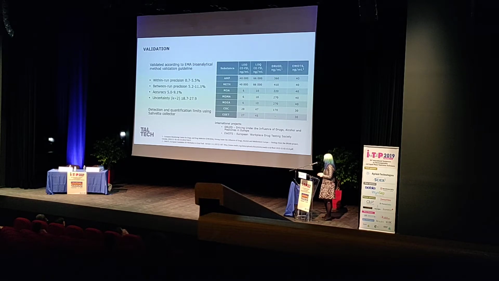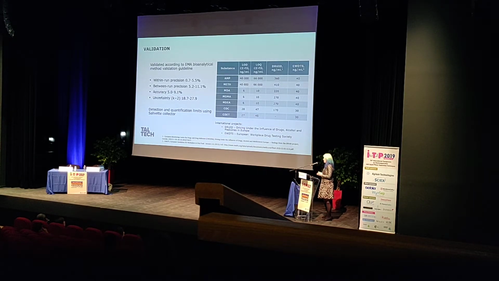So the whole method is validated according to the EMA guideline. The precision was between 0.7 and 5.5%, or within run, between run under 12%, and accuracy under 10%. We also evaluated the uncertainty, which was under 30.